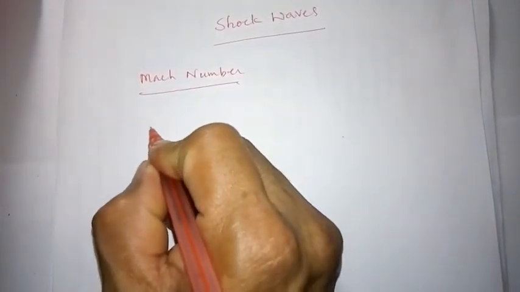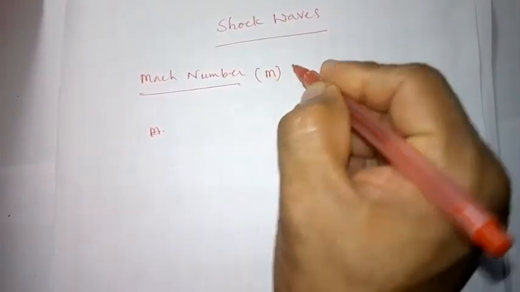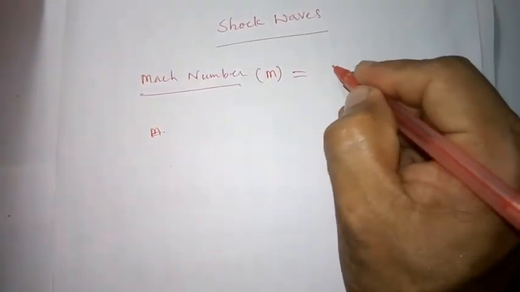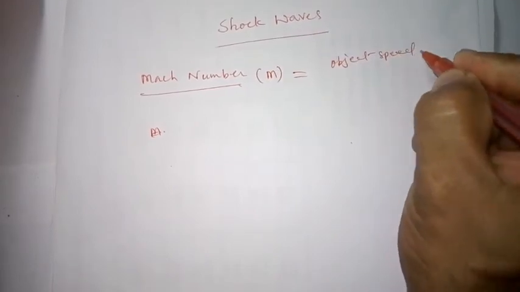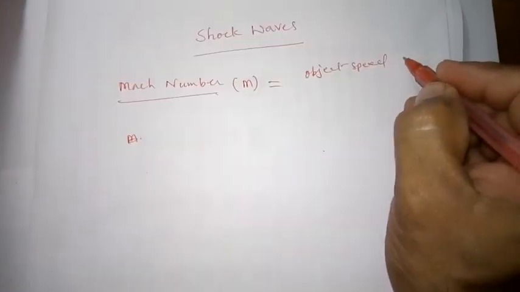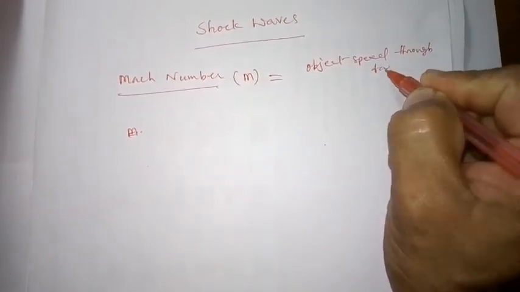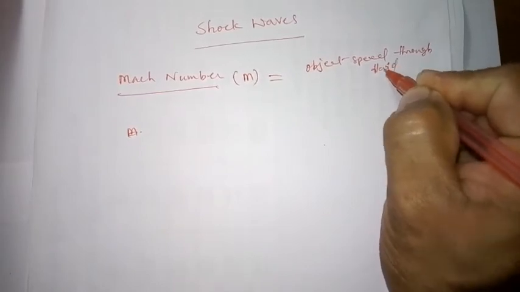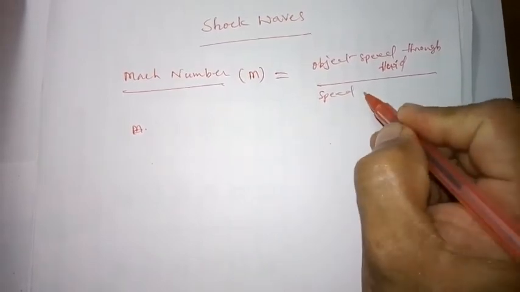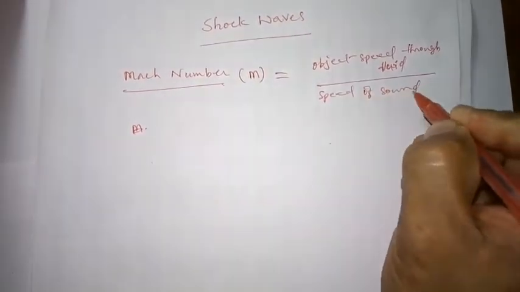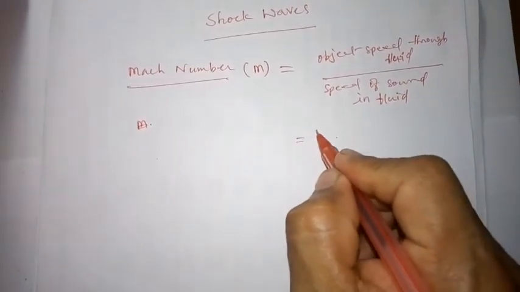In simple terms, you can write Mach number, generally designated by M, as equal to object speed through fluid divided by speed of sound in fluid. So simply you can write it as V by A.